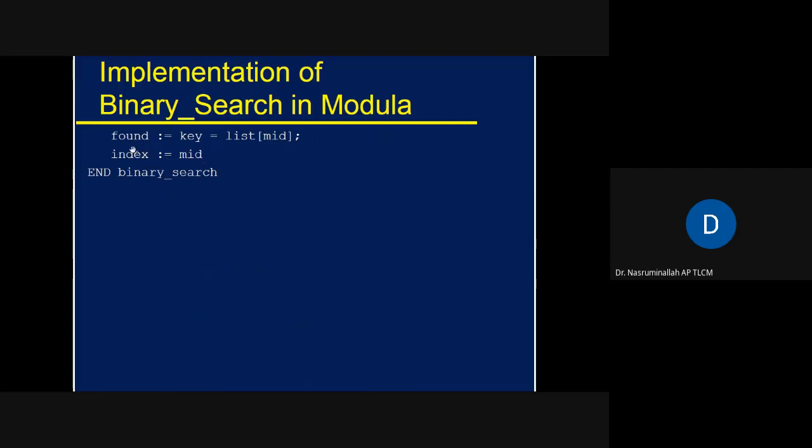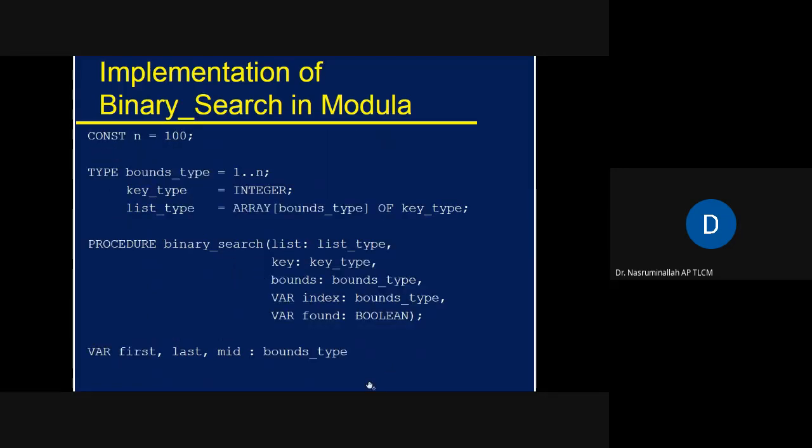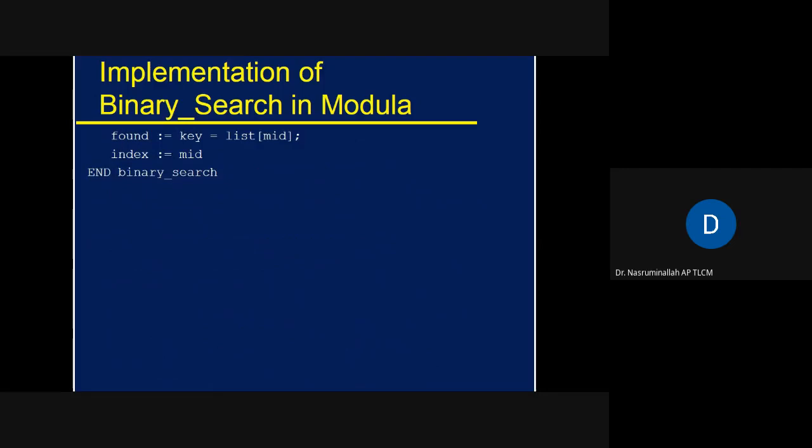So found and index are actually two terms which represent information about whether the key is found or not. Found will contain the actual key element, and the index will define the location within the array or list where that key exists.